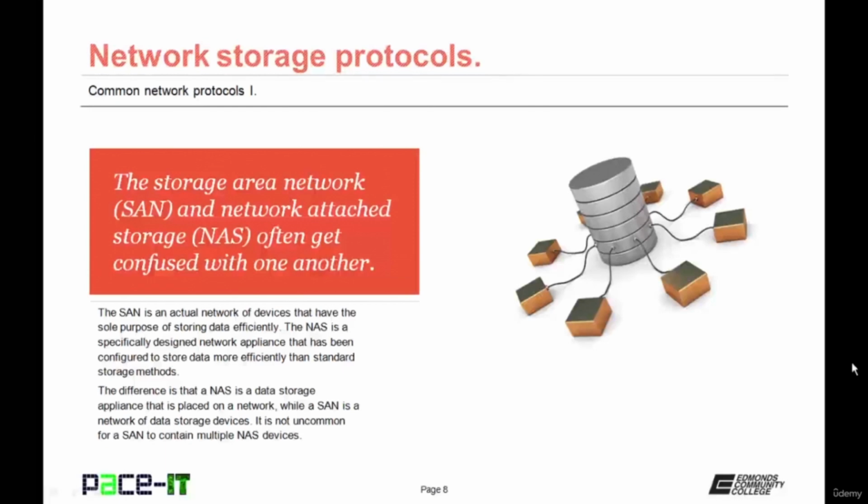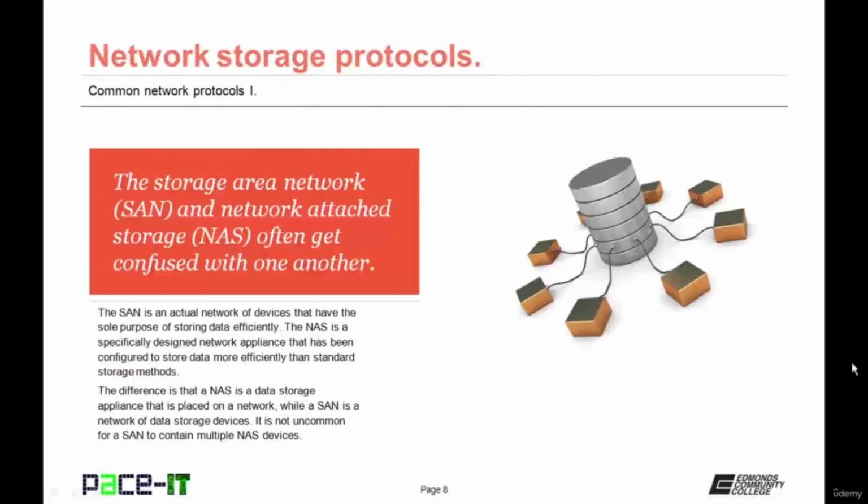The NAS is a specifically designed network appliance that has been configured to store data more efficiently than standard storage methods. They still kind of sound similar, but the difference is that the NAS is a data storage appliance that is placed on a network, while the SAN is a network of data storage devices. It's not uncommon for the storage area network to contain multiple network-attached storage devices.